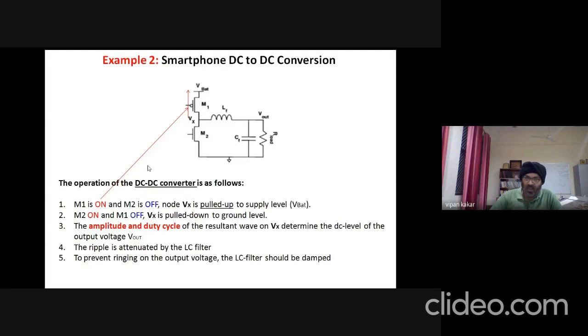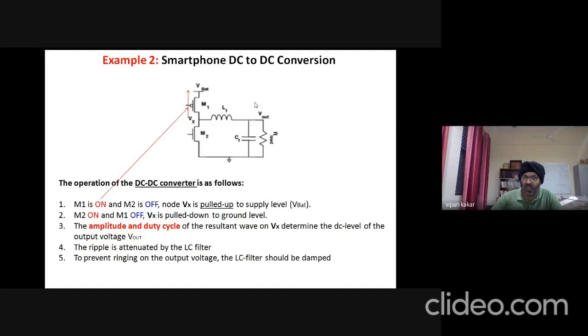Now next, when M2 is on, M1 is off. If M2 is now on, this Vx is pulled down to the ground. So now this inductor, which was charged in the first place during M1 on, is discharged through this load.